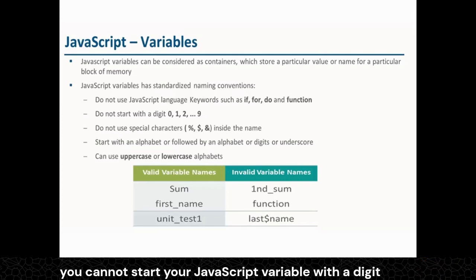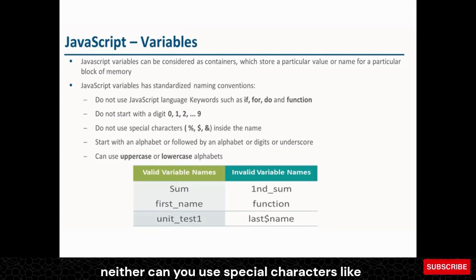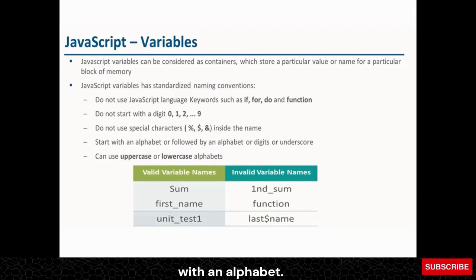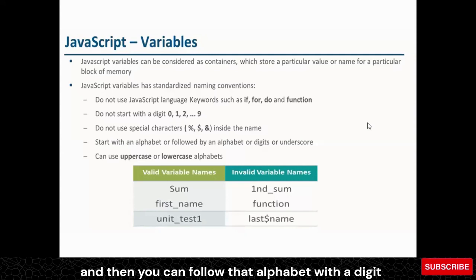You can't start your JavaScript variable with a digit, neither can you use special characters like percentage or dollar while naming your variable. Always start your variable with an alphabet, and then you can follow that alphabet with a digit or an underscore. You can make use of uppercase or lowercase alphabets.